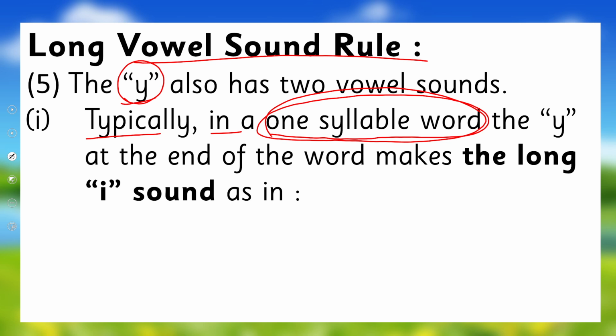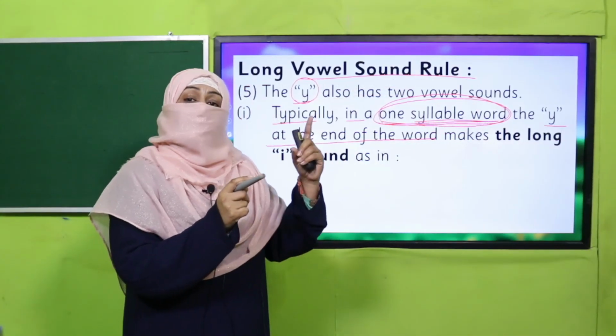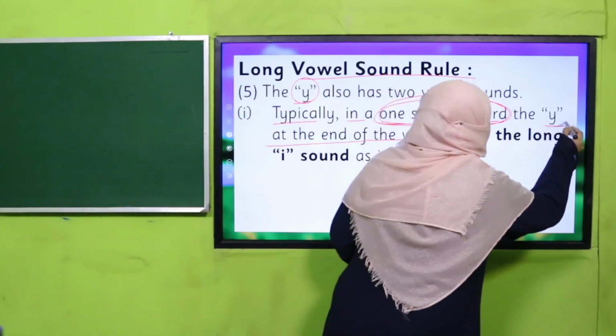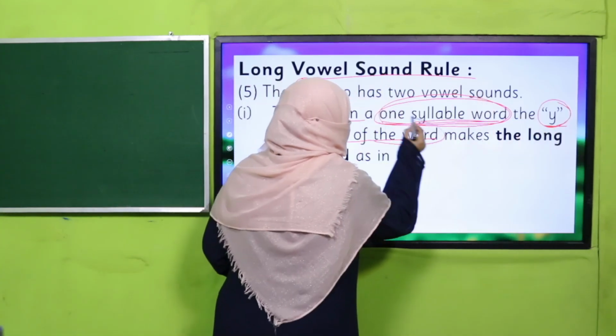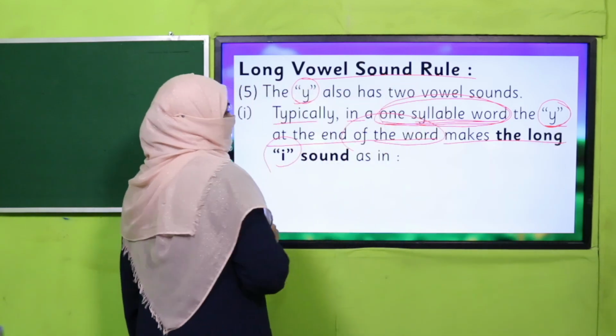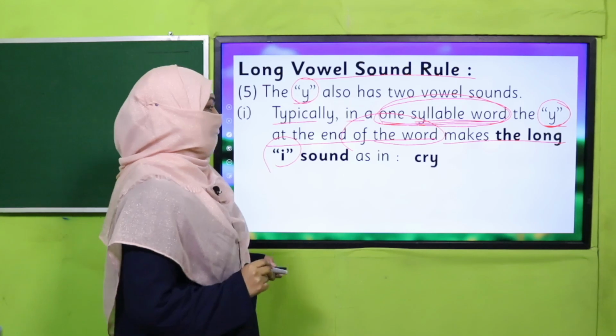Now there are two conditions. One, the word is of one syllable and the letter Y is appearing at the end of the word. What will happen? It will make the long I sound. Long I sound. How? Cry.